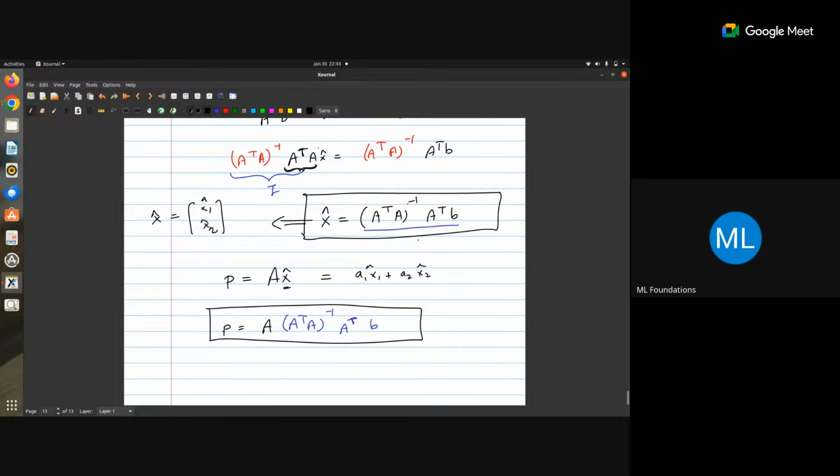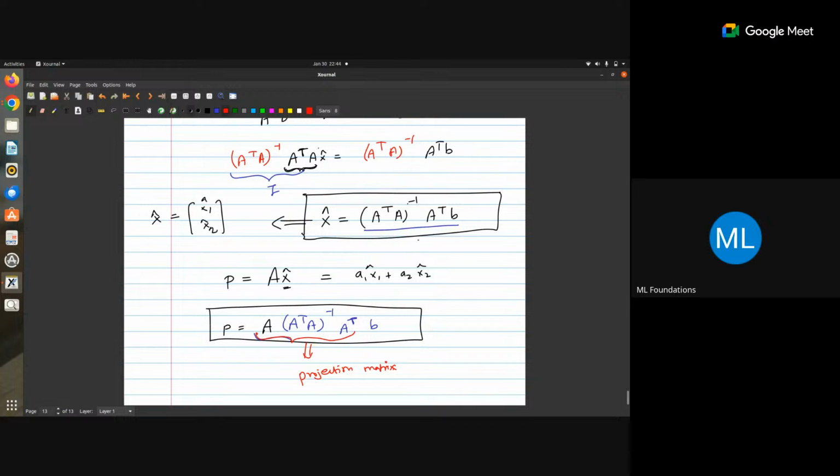This is your projection vector, and this portion is called the projection matrix.